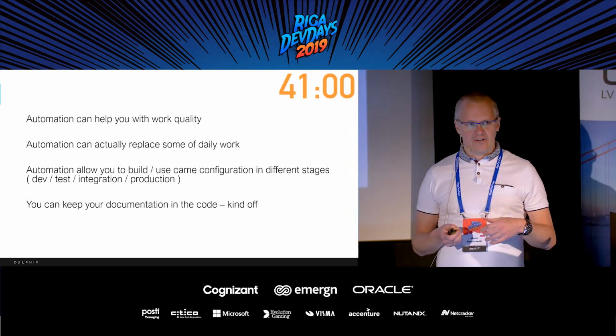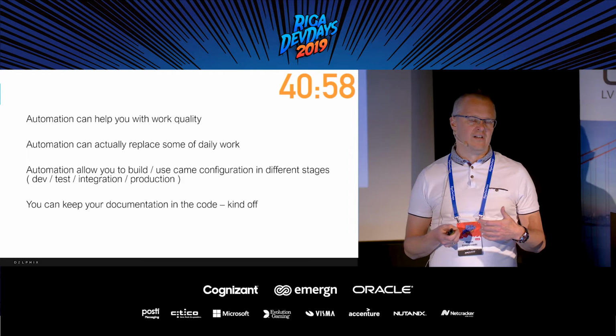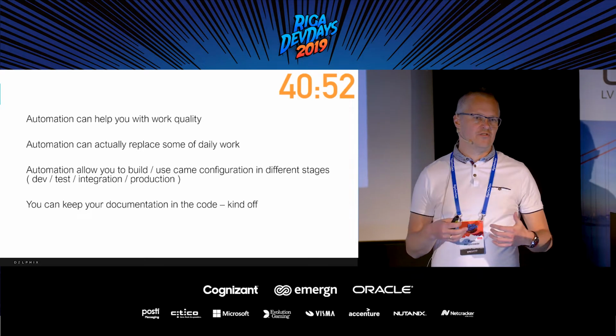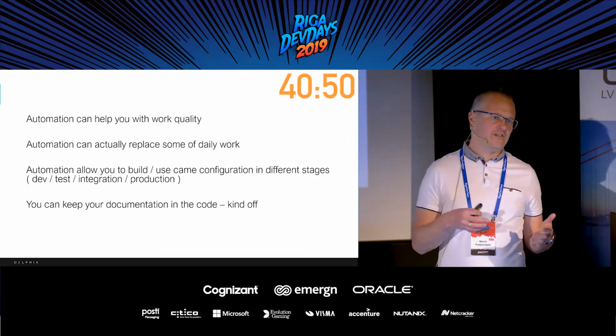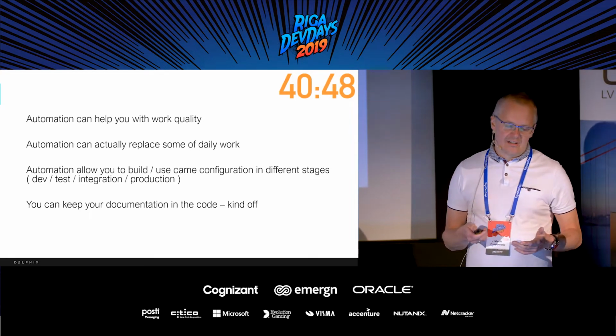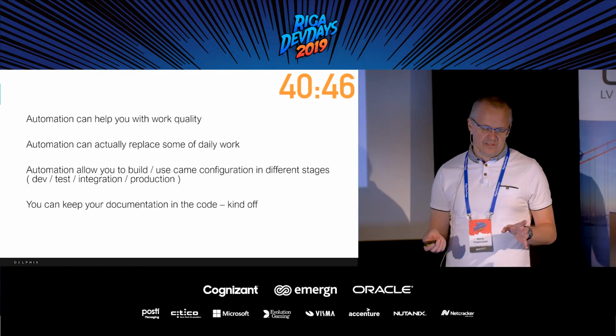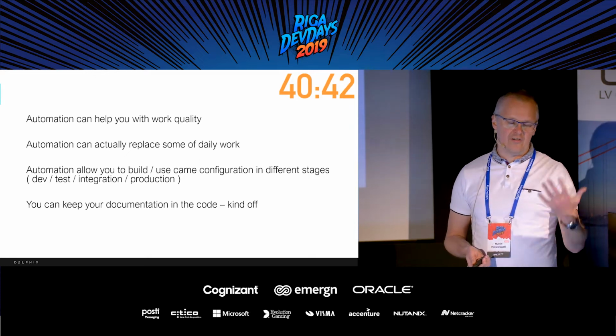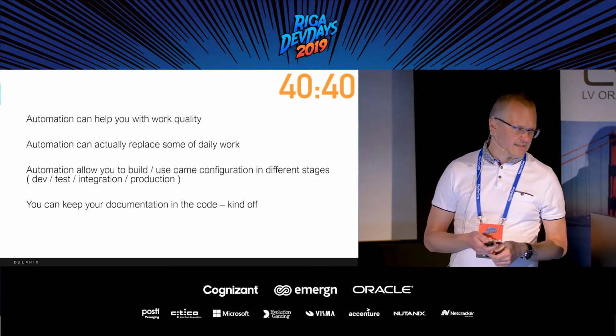So if you create your environments and you try to document later on, there is a possibility that at some stage your documentation will be out of sync with the real environments. So I think it has to be some kind of trade-off. Keep some documentation in the code, keep the high-level overview of the environment in external sources.